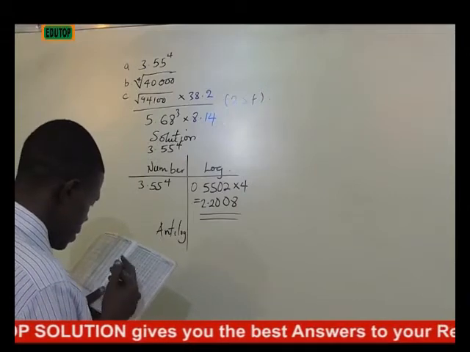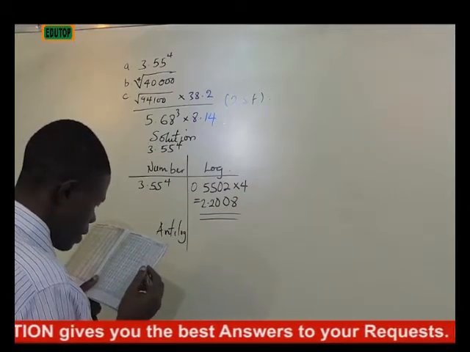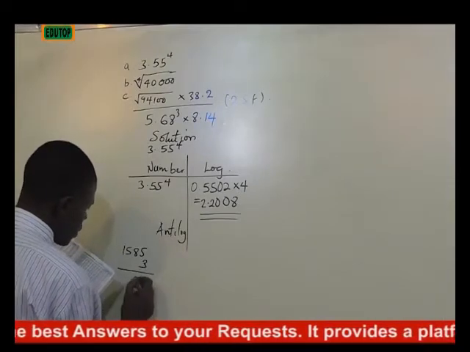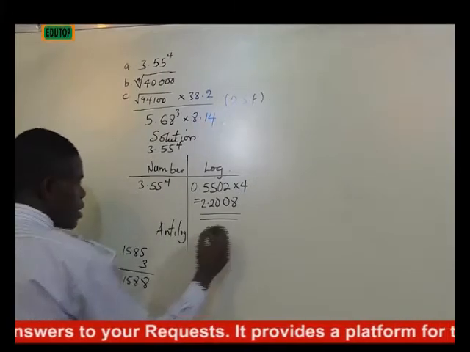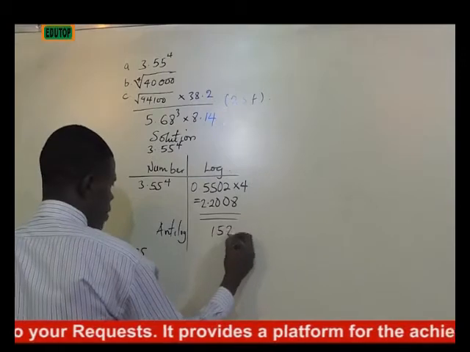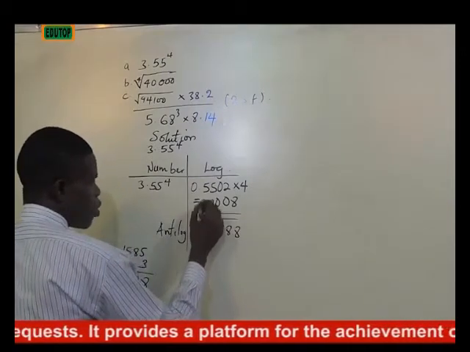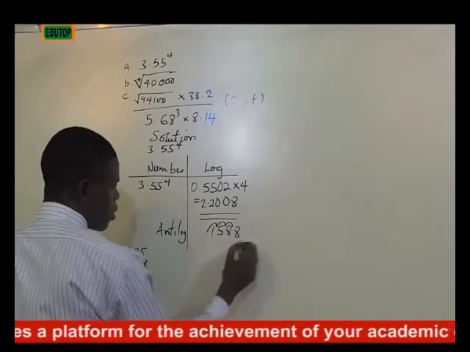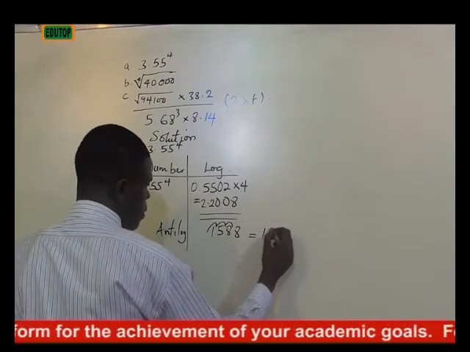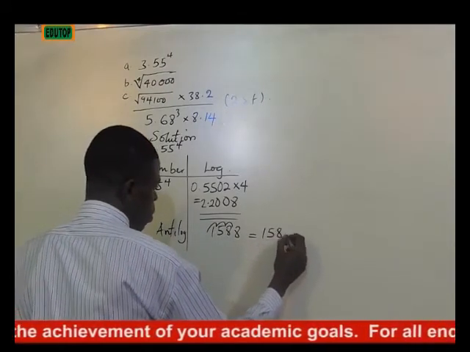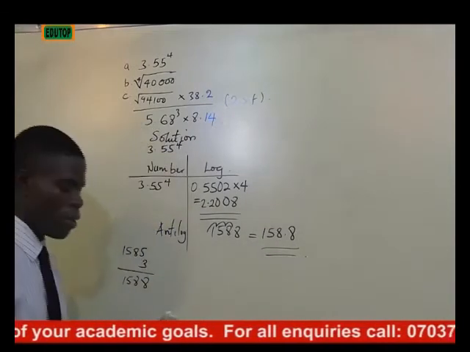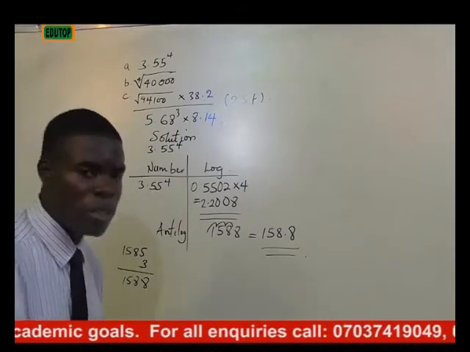Difference 8 is 3. So we add the 3 to it, so it becomes 1588. And since you have 2 points, automatically it will shift 3 places: 1, 2, 3. So we'll have 158.8. So this is the answer for that question.